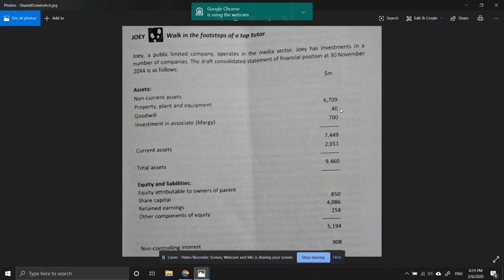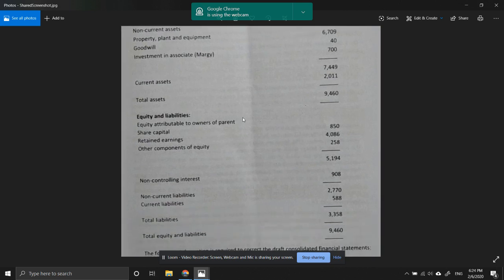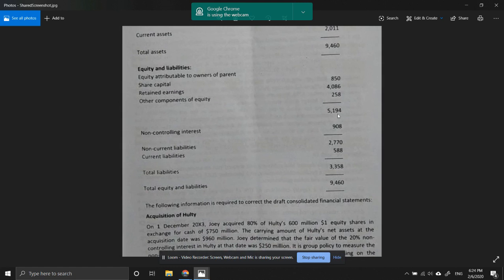PPE 6709, goodwill 40, investment in associate, which is Margie, 700, current assets 2011, total assets 7460, share capital 850, retained earnings 4086, other component of equity 258, non-controlling interest 908.